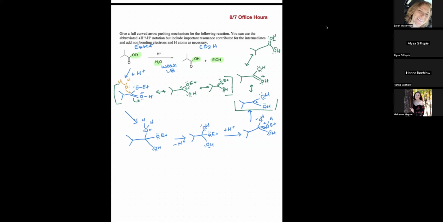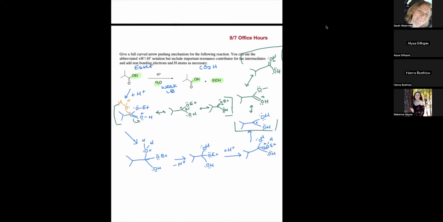Okay, and then all we're doing is just deprotonating. It doesn't really matter which one you do it on, but let me just draw my brackets here. I'm just going to separate this out a little bit so that we can see. There we go.